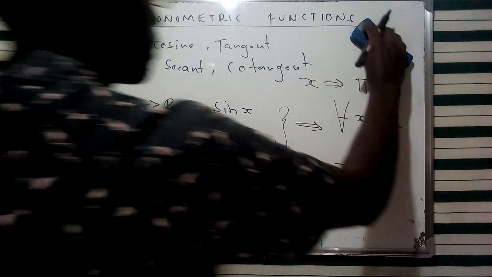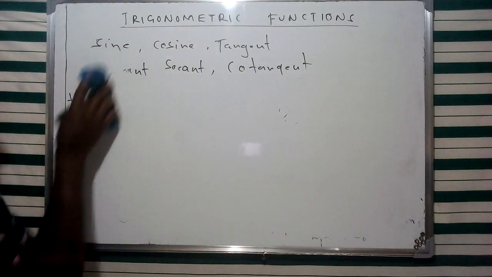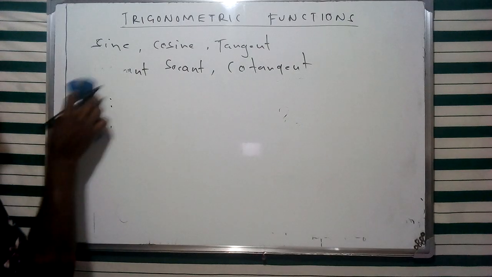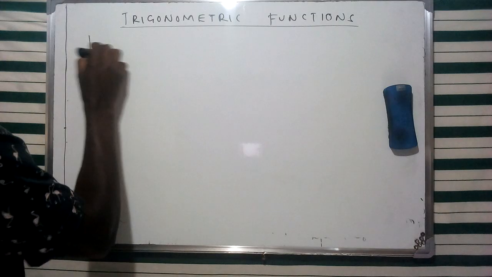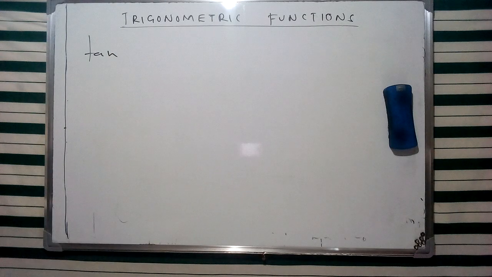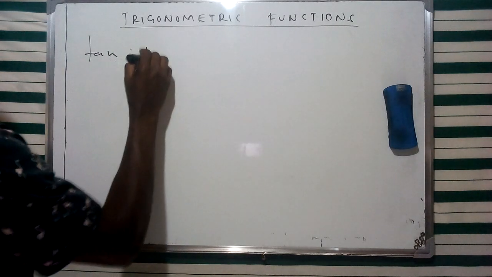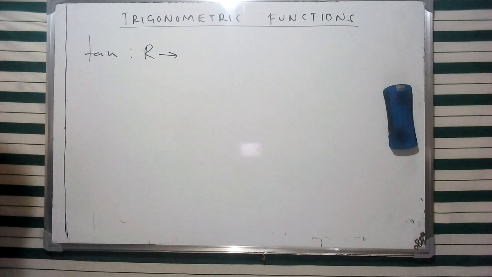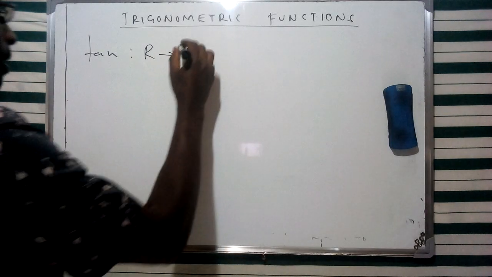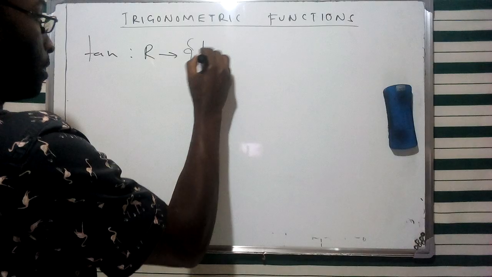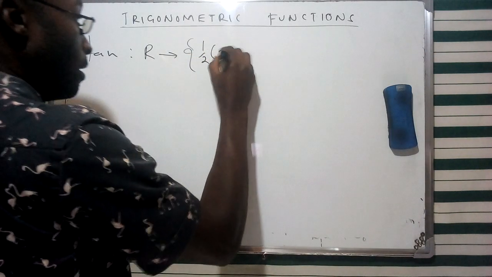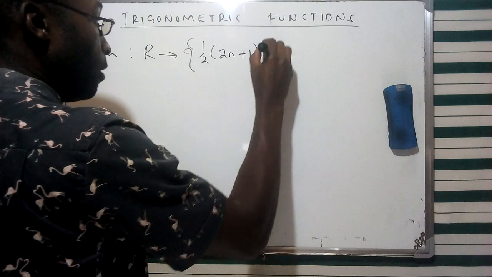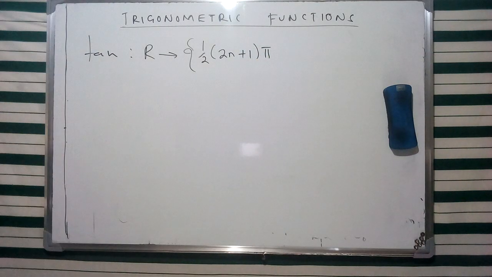So the next set of functions we're going to look at are the reciprocals of these functions and their specific representation. We're going to start with the tangent function that we have mentioned, which can be represented as a set of R, whereby R can be given in terms of a half into 2n plus 1, in terms of radians.